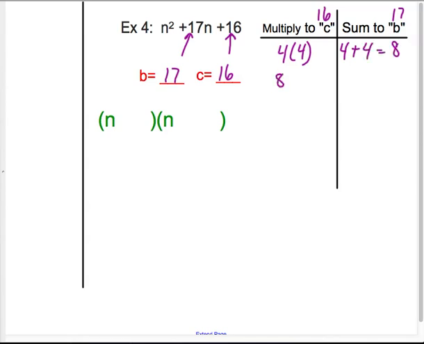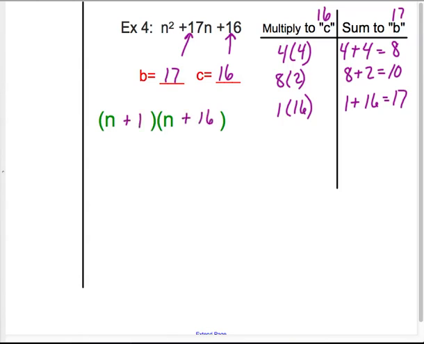So then I think 8 times 2, but 8 plus 2 is 10. So this is one of those where we do have to think about the fact that 1 times 16 multiplies to 16, and 1 plus 16 is 17. So in this case, our factored form is n plus 1, n plus 16.